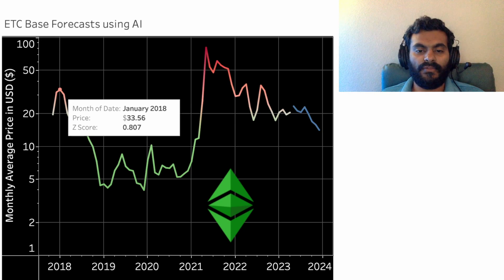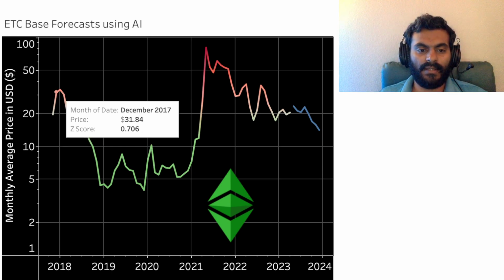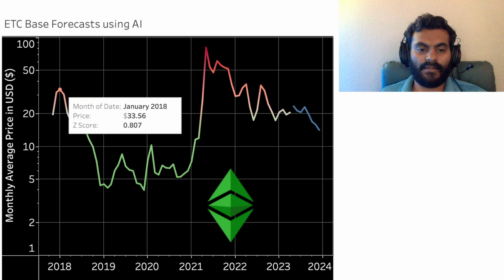Ever since it was introduced, the mean price was around $19, whereas the standard deviation is about $16. When the z-score is positive and higher than 1, the color gets redder as the z-score increases.